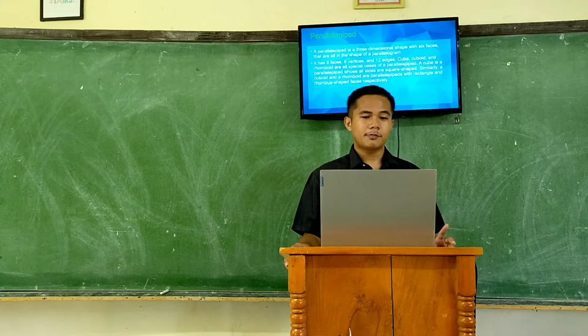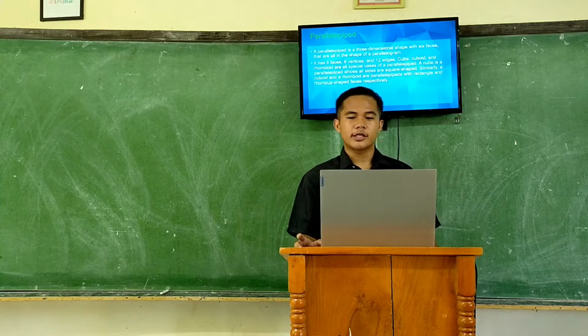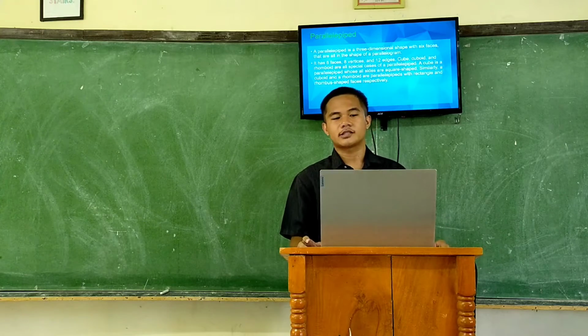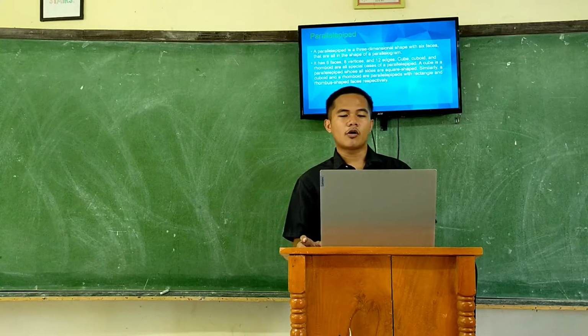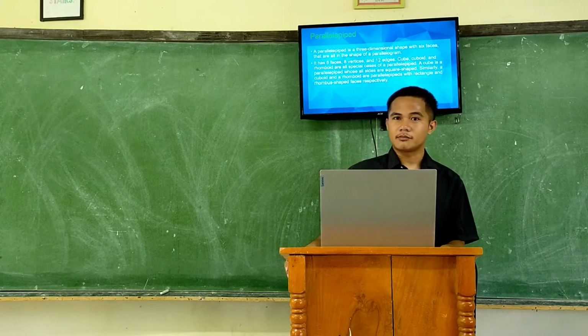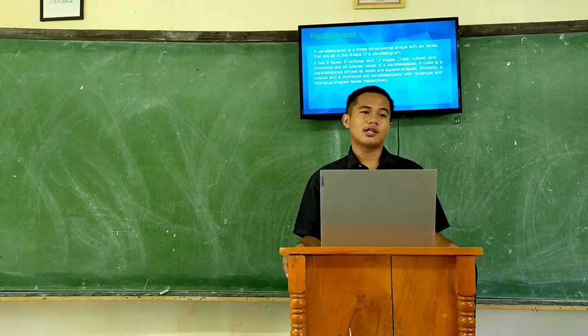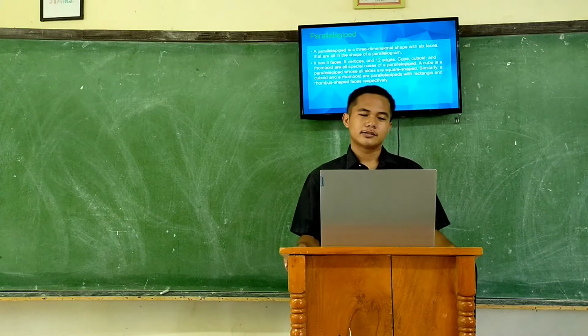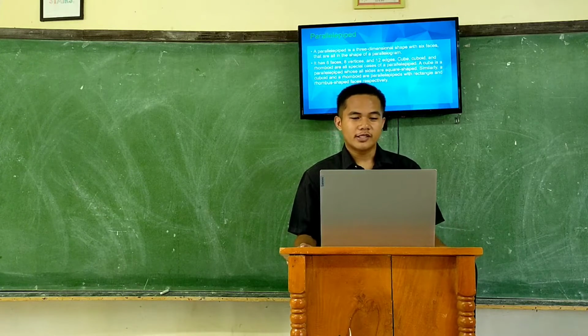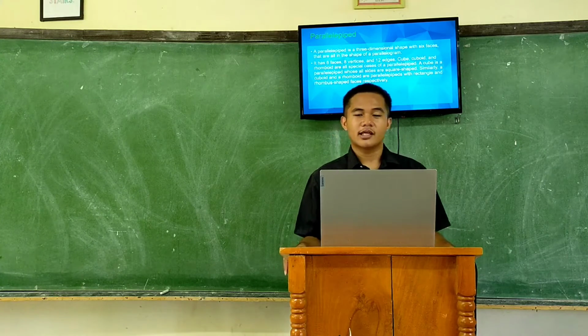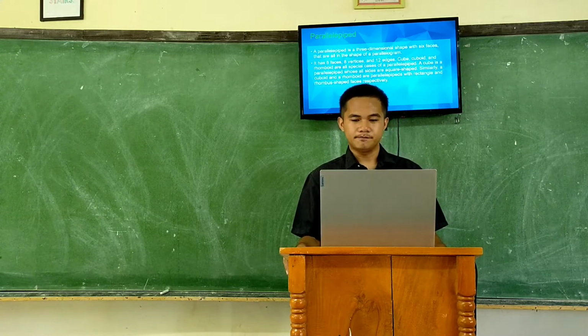A parallelepiped is a three-dimensional shape with 6 faces that are all in the shape of a parallelogram. So, connected nga yung activity na ginawa natin kanina. It has 6 faces, 8 vertices, and 12 edges.